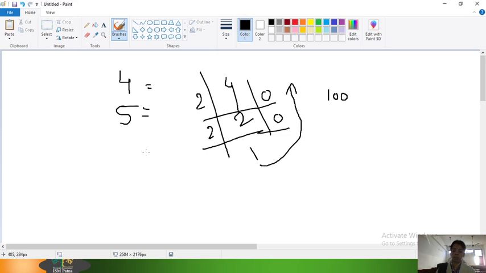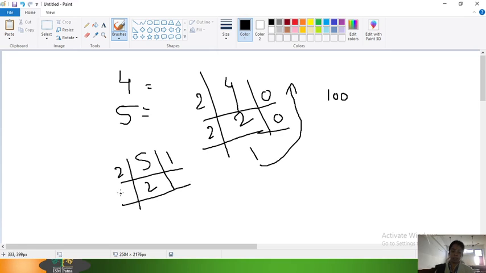Now similarly, if we want to find the binary of 5, we have to follow the same step or the same process. So just use the base of the binary and calculate. So 2 into 2 equals 4, so it returns the value as 1.